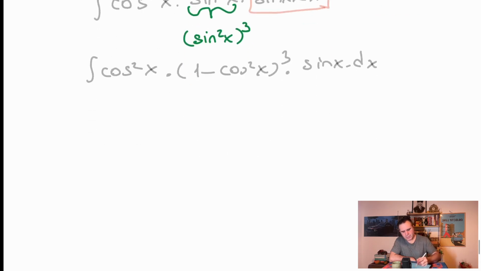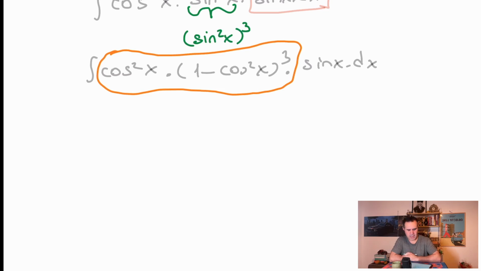Now, we have a function of cosine x here, and the derivative of cosine x is minus sine x, and we have here sine x dx. This means that we can now use substitution. We say that cosine x is equal to u, then minus sine x dx is equal to du.